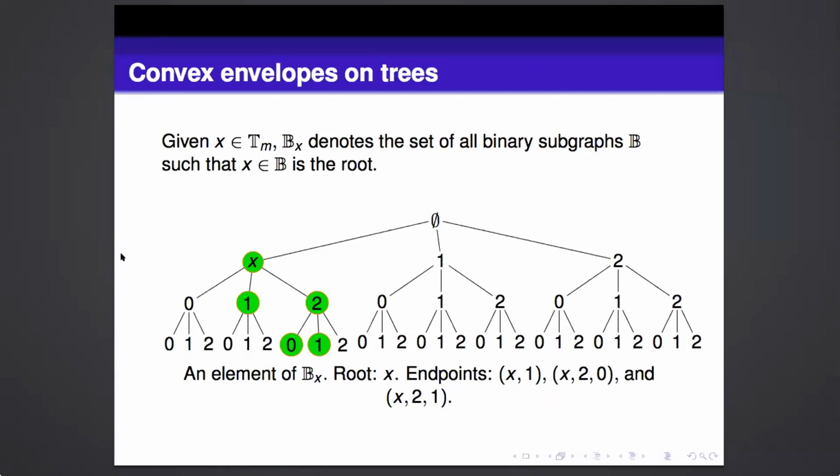So a binary subgraph inside the graph is: you choose one node, and for each node you choose 2 successors, 2 successors, 2 successors, and so on. You want to do it in a finite way, and this is going to be a segment. We will call the endpoints of this binary subgraph the extreme points of the segment, and this x is going to be the midpoint of the segment.